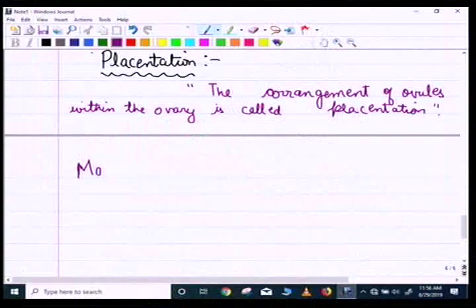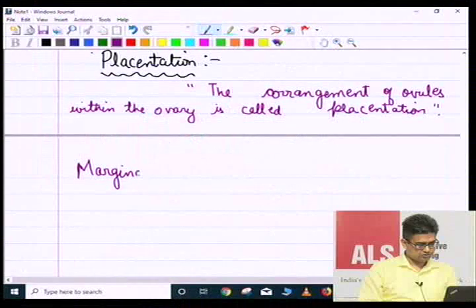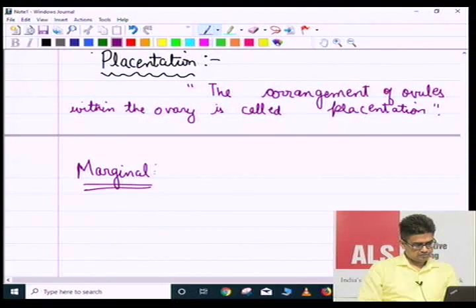So that is the simplest kind of placentation called the marginal placentation. There are many different types of placentation. First of all, let's do the marginal placentation.